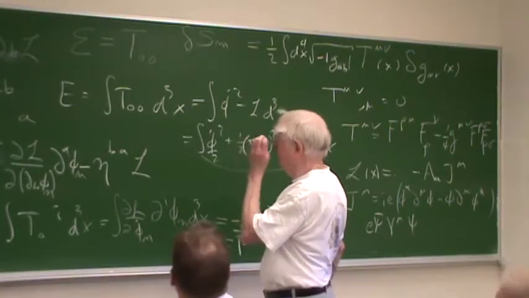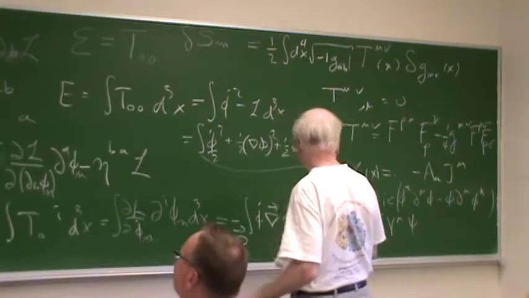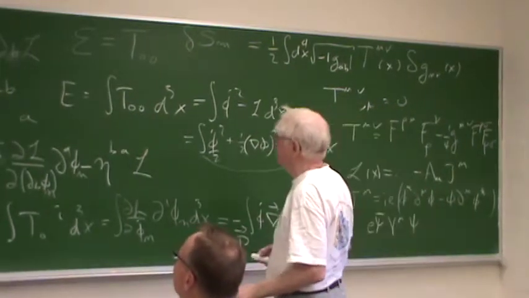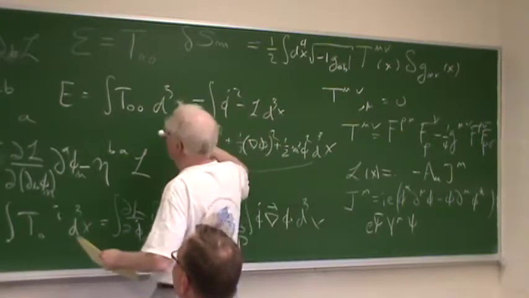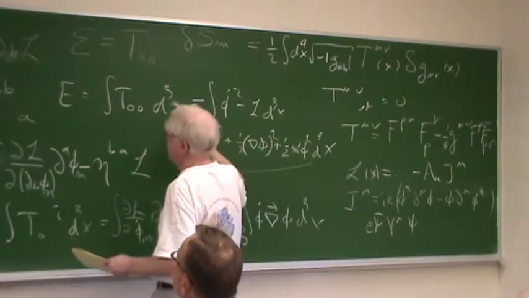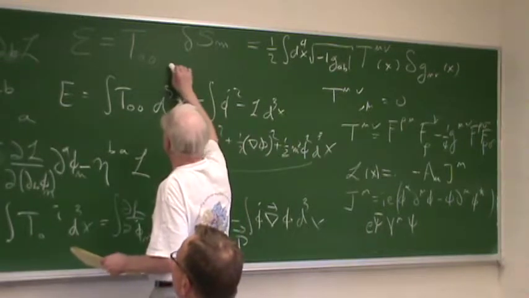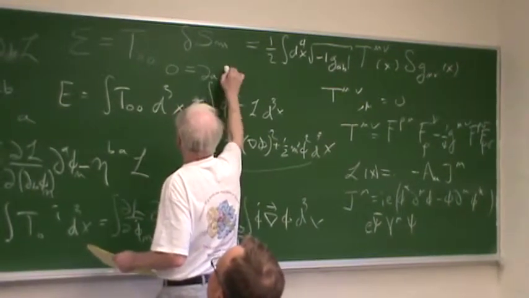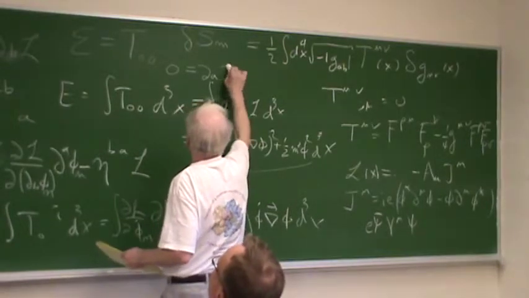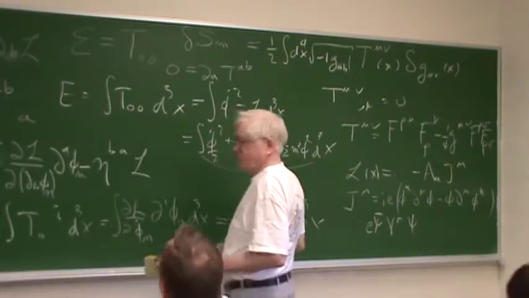Well, let's look at what this equation is. It's something like this. And since I'm doing this on the fly, I may not be getting the indices entirely right. But what we have for conservation of energy is, let us say, dA, well, this is the whole thing. This is energy momentum.